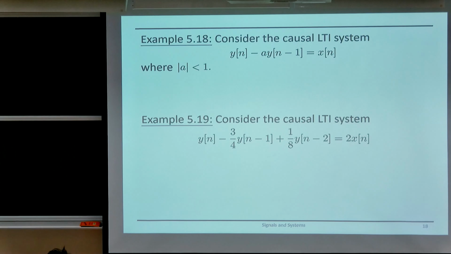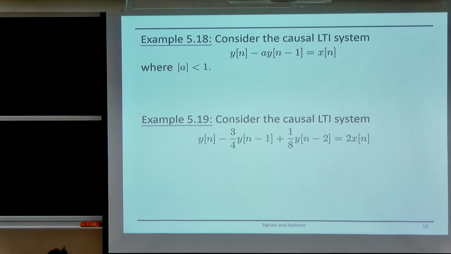If you do it directly from this equation, take the Fourier transform on both sides, you get Y(e^{j omega}) minus a e to the minus j omega Y(e^{j omega}). And on the right-hand side, we get X(e^{j omega}).